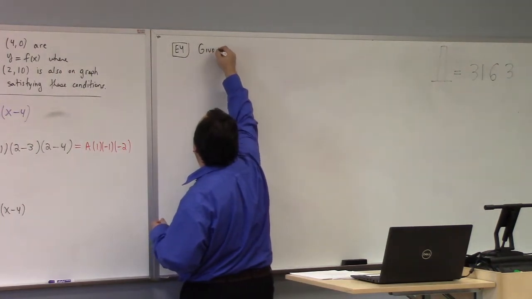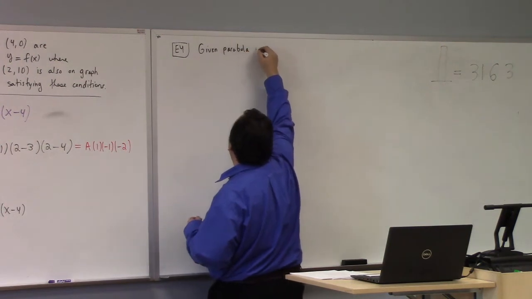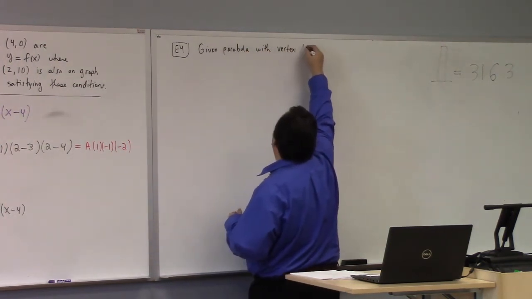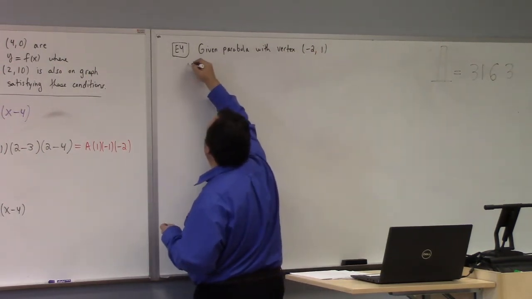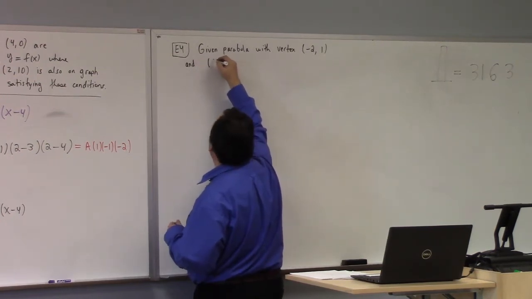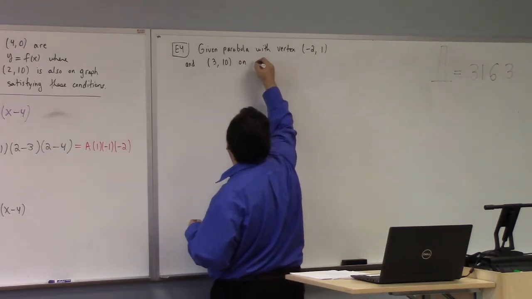Given a parabola with vertex (-2, 1) and let's say (3, 10) on its graph.